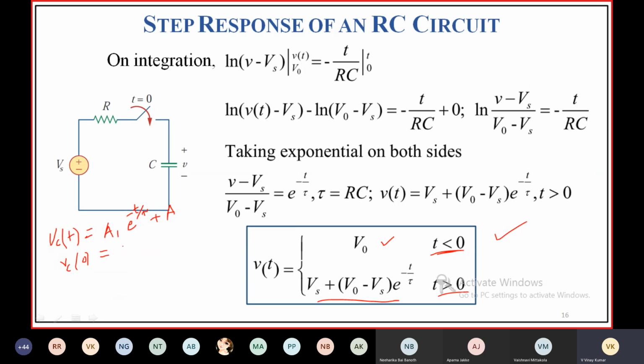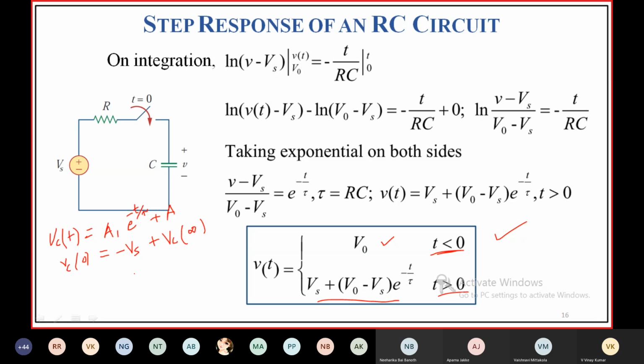This is equal to Vs, e power 0 is 1, plus Vc of infinity, Vc of infinity.